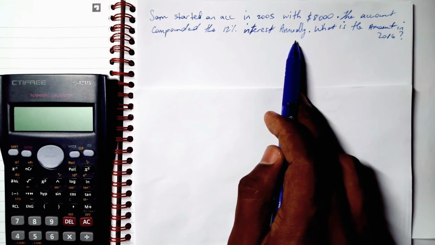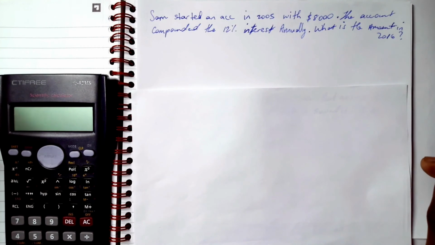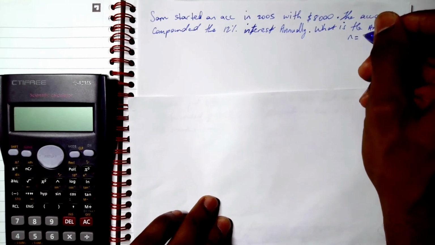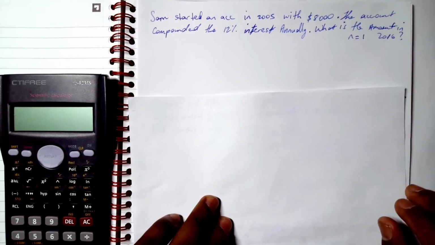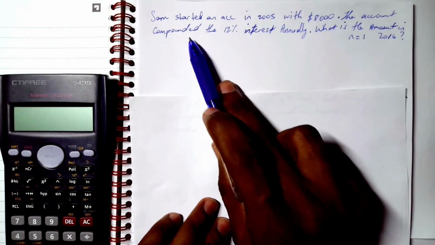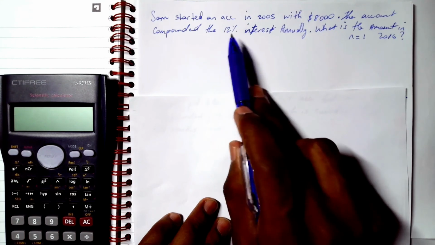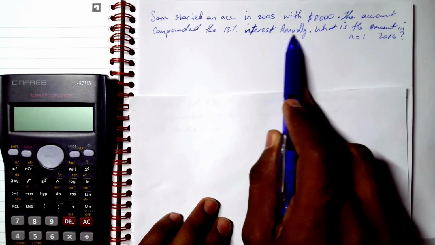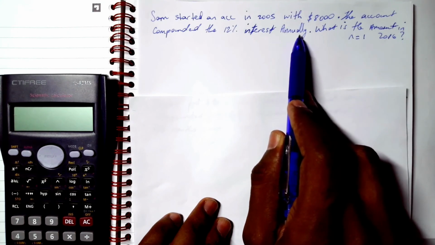If it said semi-annually, N would have been 2. But because it said compounded annually, N is 1. So please make a note of that. N equal 1, because it's compounded the 12% interest annually. This is the key right here, annually.